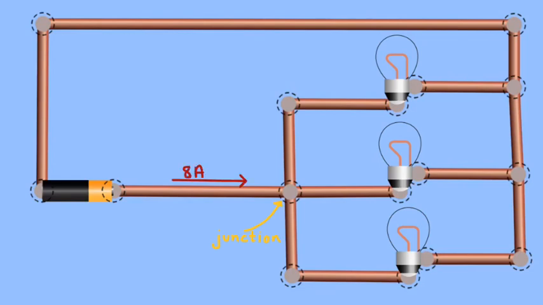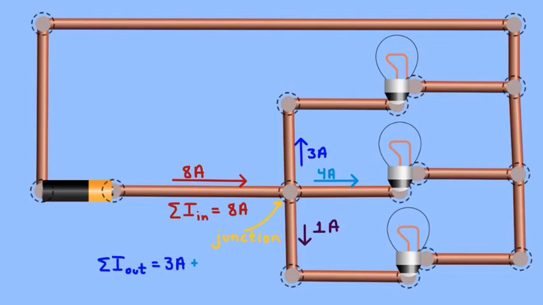So if 8 amperes of current go into that junction, the net current in being 8 amperes, and 7 amperes of current leave through the top and middle wire, 3 up, 4 to the right, that means 1 amp of current must be going down through the bottom wire. If you add up 3 plus 4 plus 1, you would get 8. So the rule is simply that at that junction, whatever goes in has to equal what goes out.